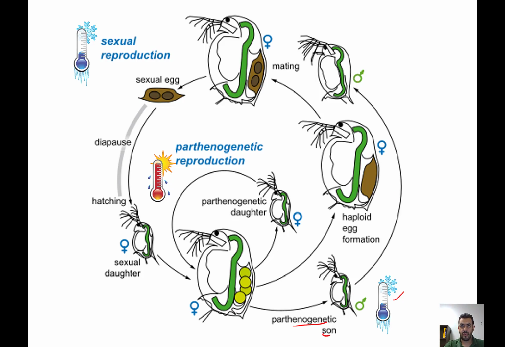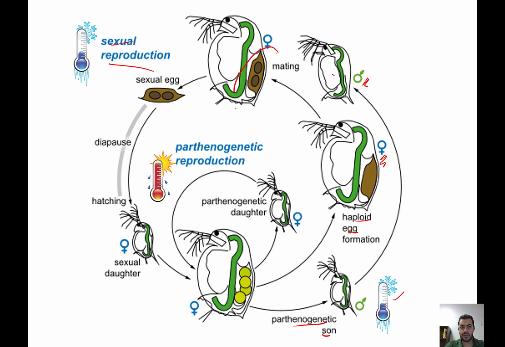They will grow up and mature, and also the Daphnia, under these conditions, will produce haploid eggs. As you know, haploid eggs need fertilization, and this fertilization will happen by the male. So now after fertilization, we have switched to sexual reproduction.